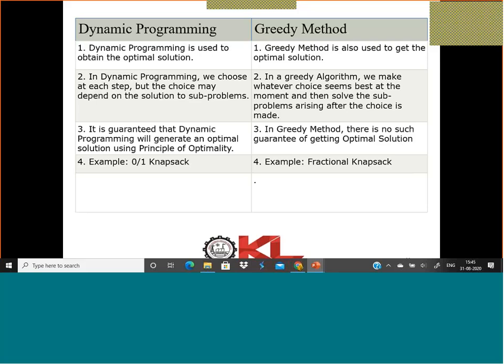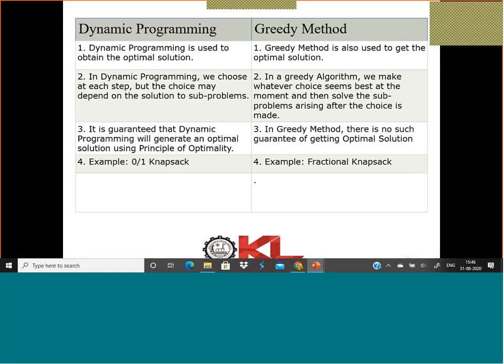But whereas in the greedy model, there is no such guarantee. They are saying this point is wrong. Actually, it is not like a guarantee. So for these kinds of problems, the greedy model cannot be applicable. When you are unable to take a decision, then you cannot apply a greedy model.